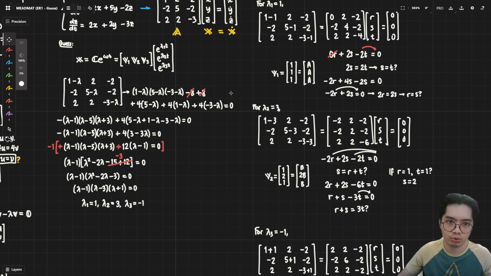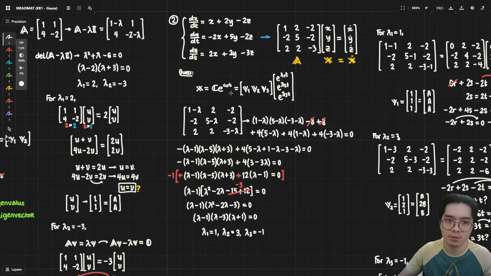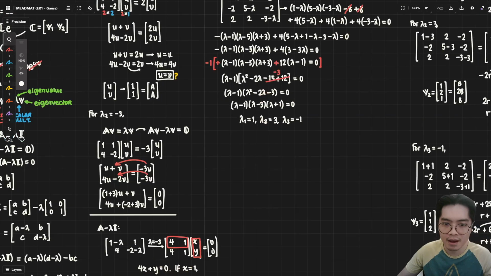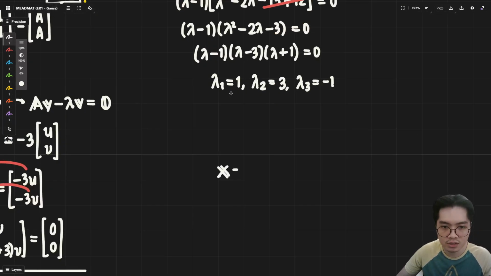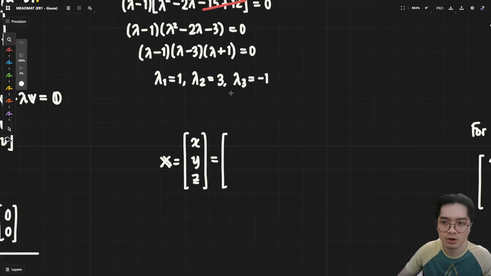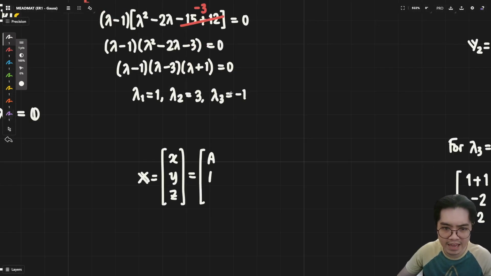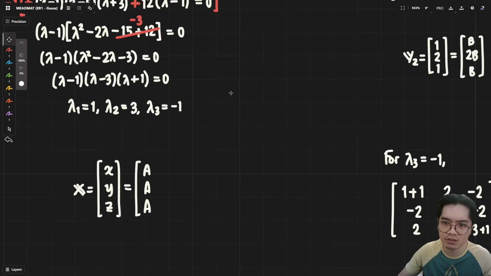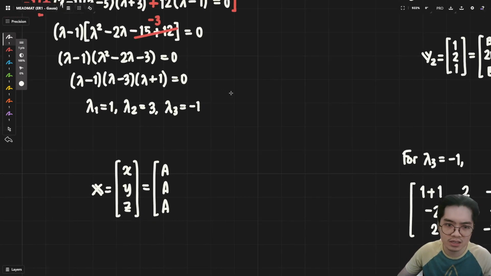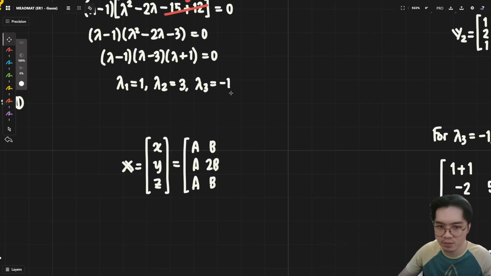And now we can breathe out because our guess is going to happen now. Our guess, which is x, the values of all three variables at once, x, y, and z, will be equal to your eigenvector 1, which is 1, 1, 1, or just A. Your eigenvector for the second one is B, 2B, B. And for the third one, it is C, C, 2C.